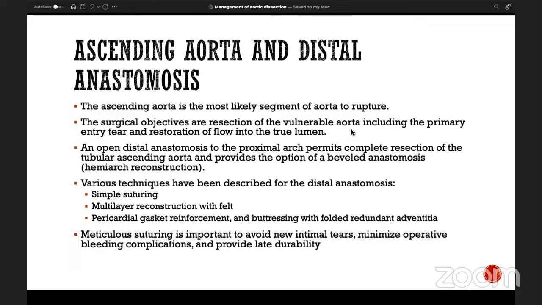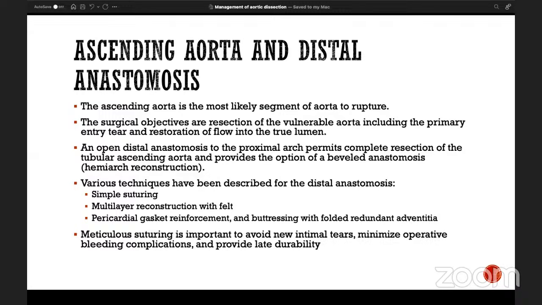As a general principle in doing the distal anastomosis, open distal anastomosis shows some superiority over making the distal anastomosis on a cross clamp.